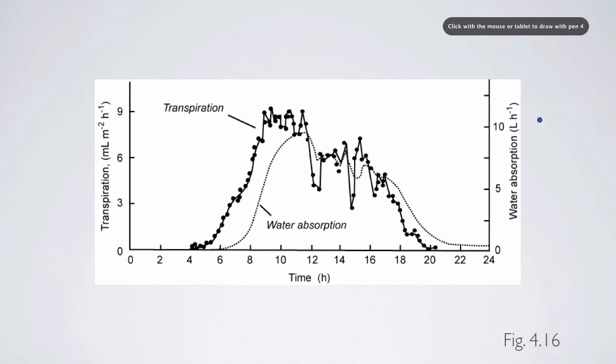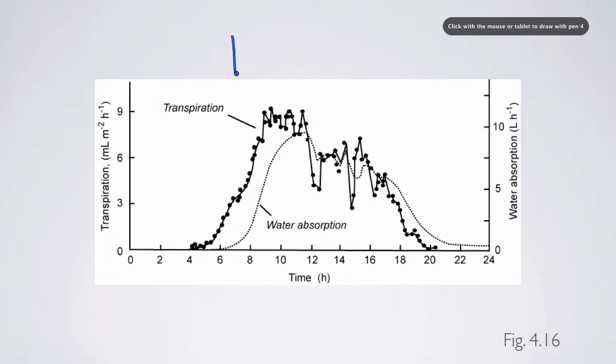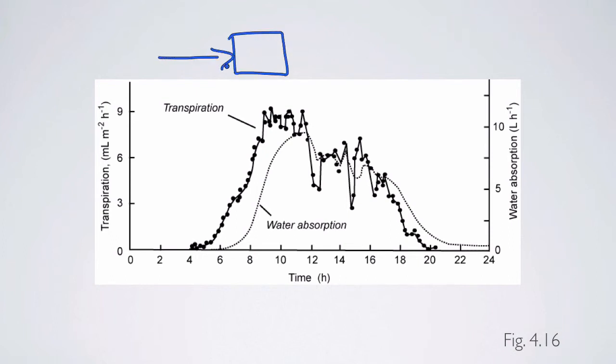In addition, they show water absorption. So in this case, we have a pool of water that might be inside the plant, and we're going to take a look at the time course of water being lost from the plant, that's transpiration, and water entering the plant, which is absorption.